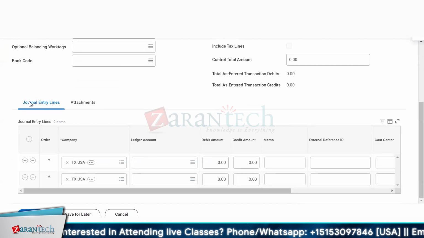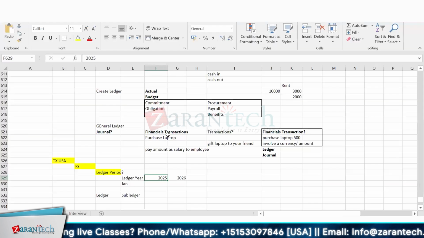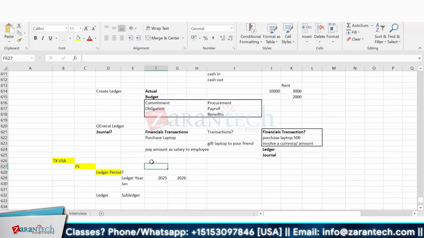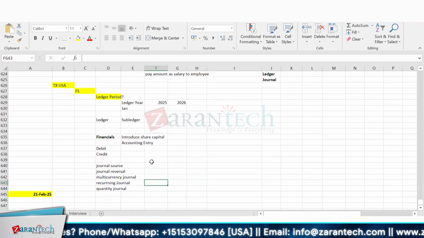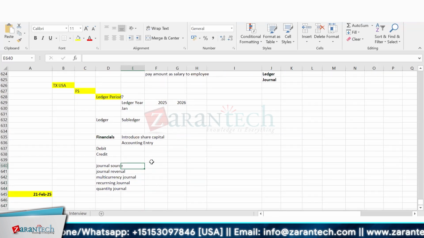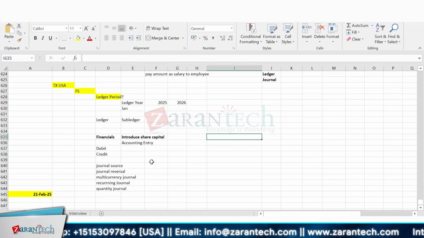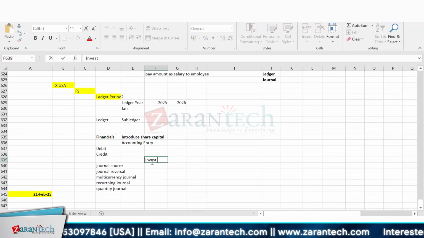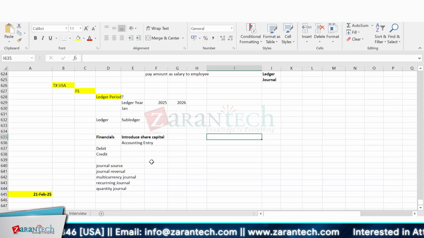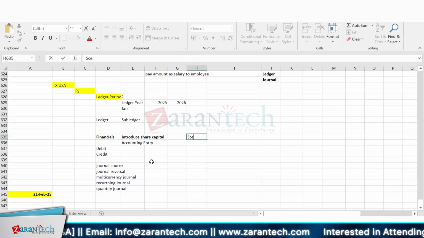Now if you go down, the general entry lines are coming now. Whenever a company is established for the first time, they have to introduce capital. As we discussed last time, what is my transaction or scenario?